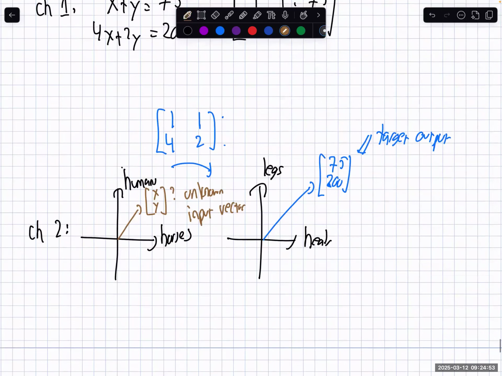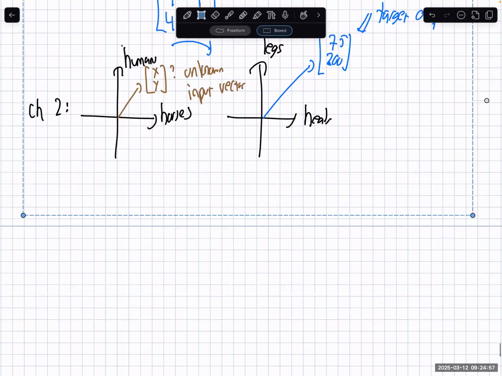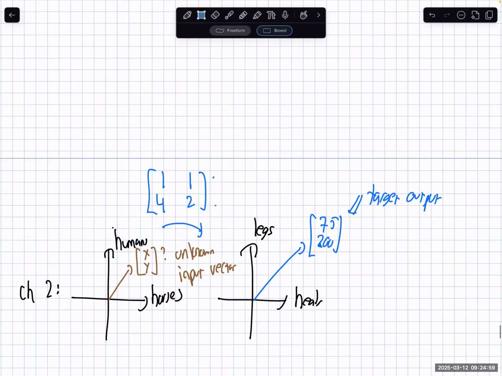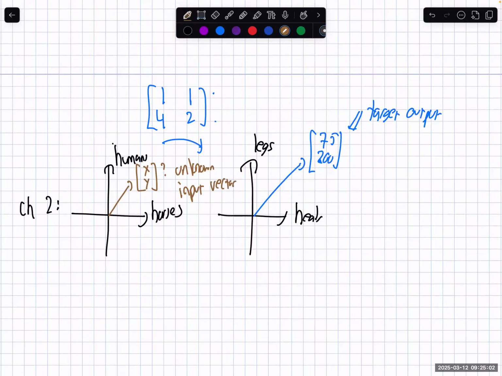So solving the problem is finding the unknown input vector that produces the target 75, 200 output vector.